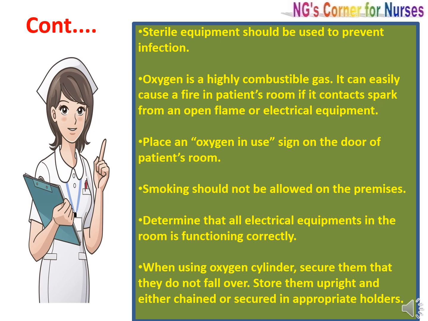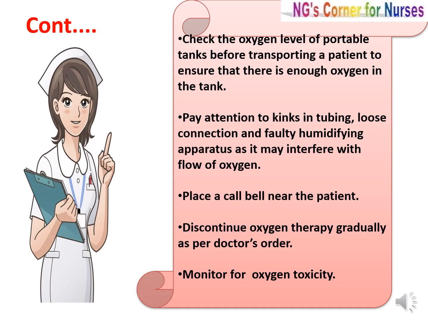And when using oxygen cylinders, secure them so that they do not fall over. Store them upright and either chained or secured in an appropriate holder. Check the oxygen level of portable tanks before transporting a patient to ensure that there is enough oxygen in the tank.